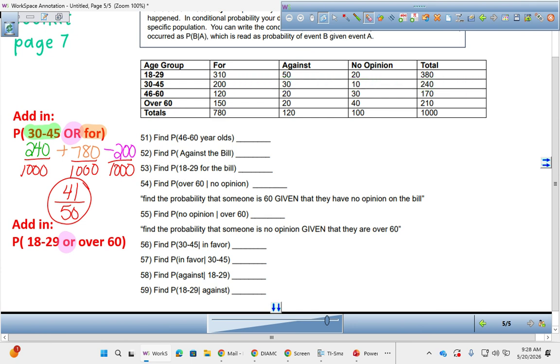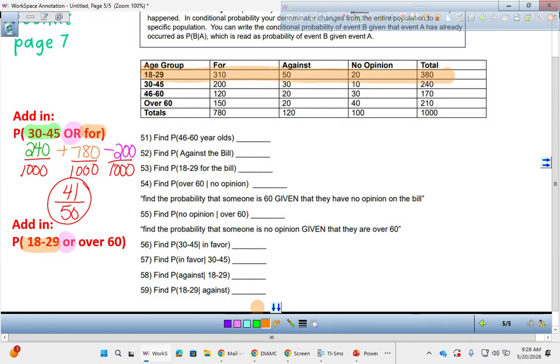Now when I look at the next one, if I were to highlight the 18 to 29 year olds, and the over 60s, there's no overlap. Orange doesn't meet green. So I don't have to worry about subtracting the overlap because there isn't one.